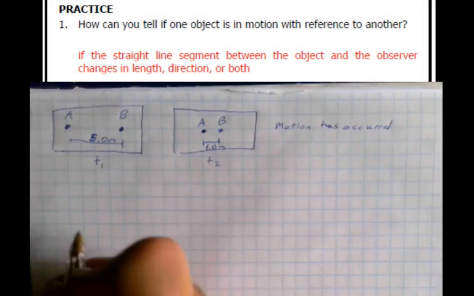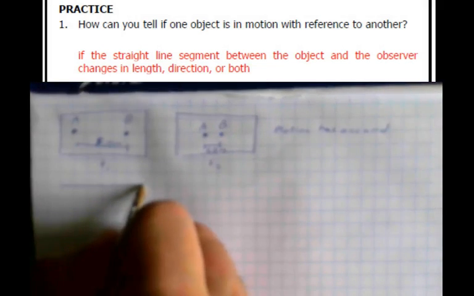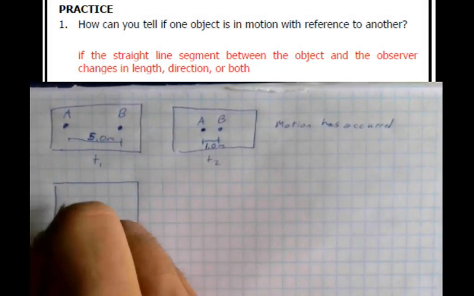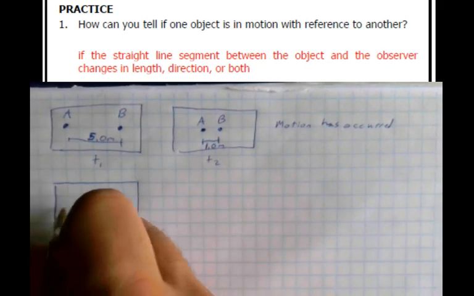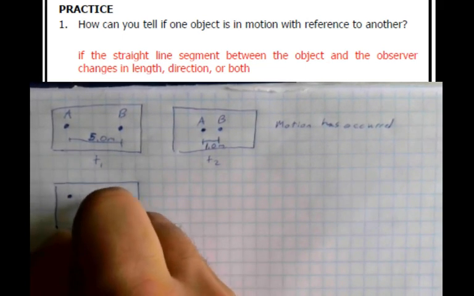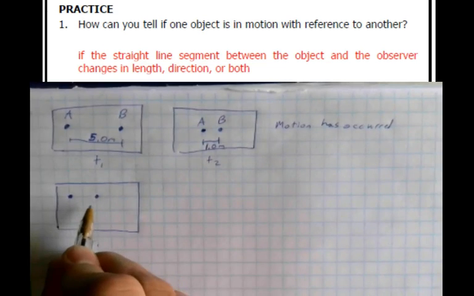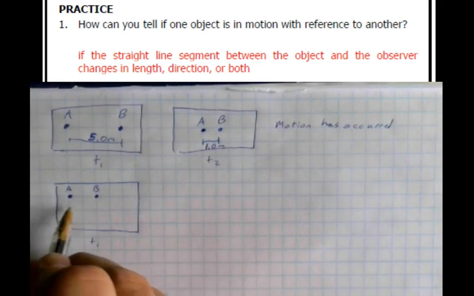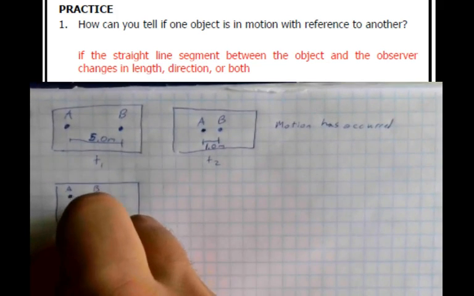Now, a situation where motion doesn't occur. Let's say in this time frame, I'm going to have A and B 2 spaces away from each other. So this time I'll use this as my reference. So this is a 2-meter distance apart.